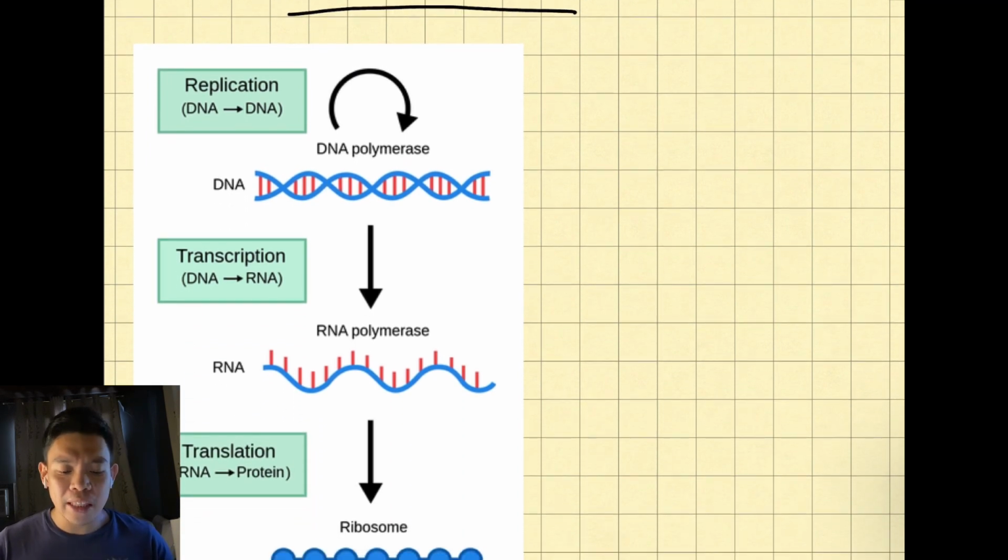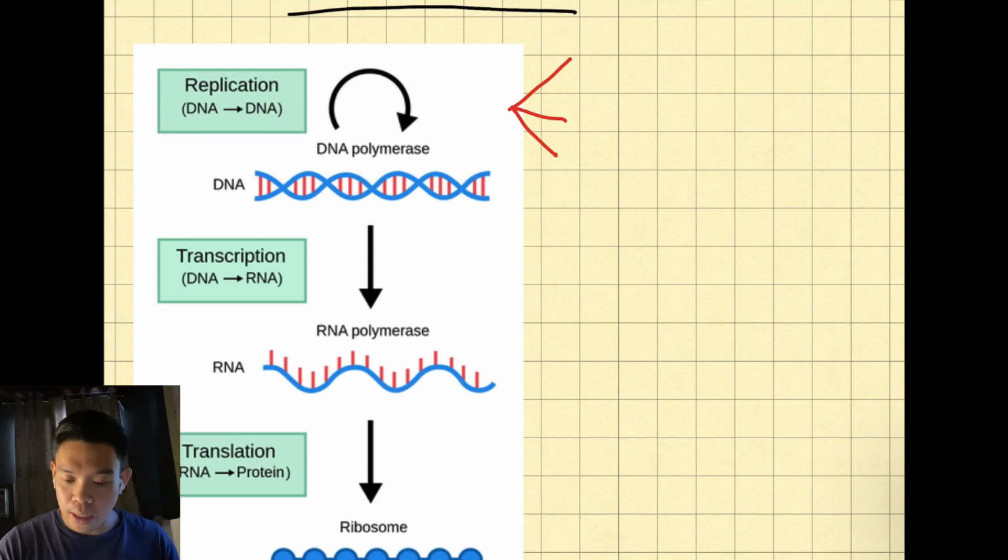So if we have a DNA polymerase, in which the DNA undergoes a replication process, there are 3 suggestions on how the DNA replicates. First is conservative. Second is semi-conservative.